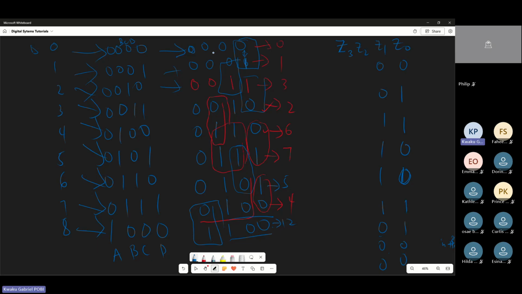Then Z2 is this down. So this down is first 4 zeros. Then 1, 2, 3, 4, 5. Am I seeing this well?